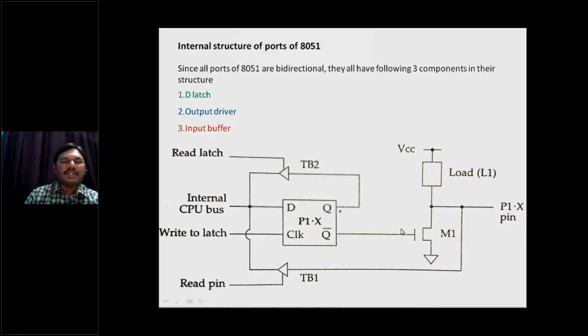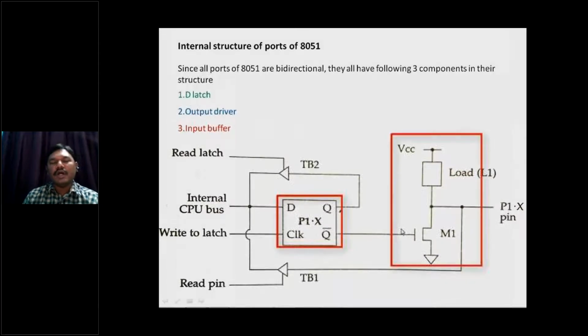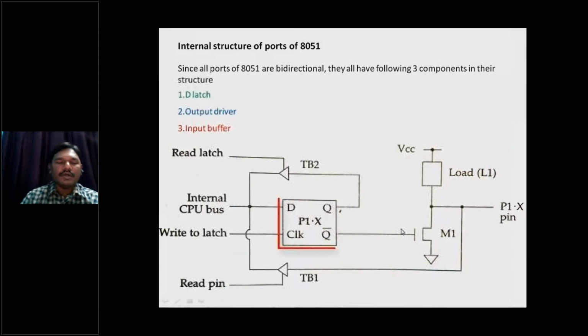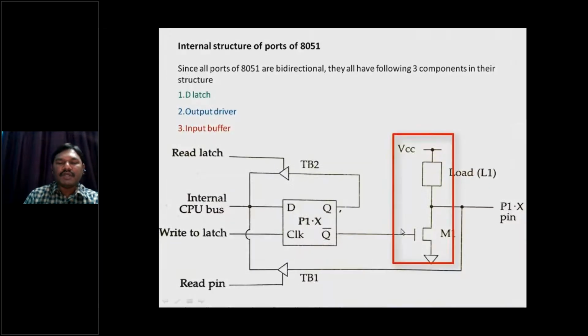So this is the internal structure of port 1. All ports are bidirectional. You can write the data from 8051 to outside or outside to 8051. So this is called the output driver and this is called the D latch.